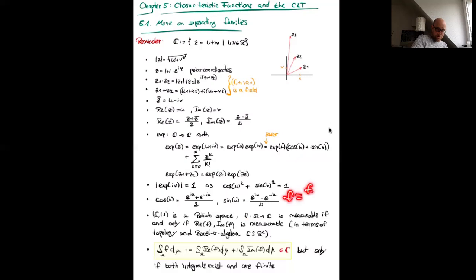F is F1, F2. Usually we're not going to write F1, F2, but real part of F and imaginary part of F. And F is measurable if and only if both of them are measurable. Same with continuity, but for continuity we already discussed that in Analysis 2. Measurability is new.